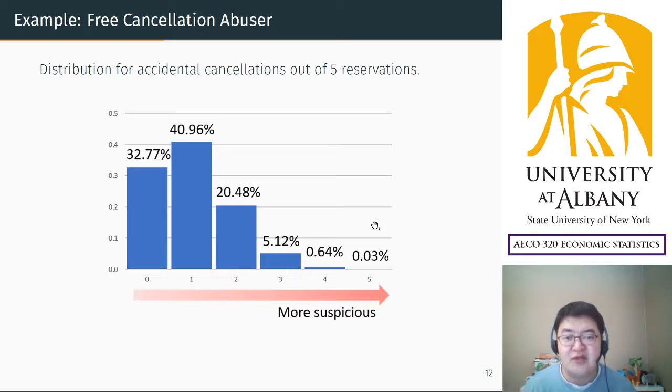Even if they say I'm really innocent, it's hard to believe they are that unlucky. How can you happen to be sick 5 times in a row? That's very unlucky, so we cannot believe them. So this means they are more suspicious as the likelihood decreases. Likelihood decreases, so they are suspicious. And second most suspicious, third most suspicious.